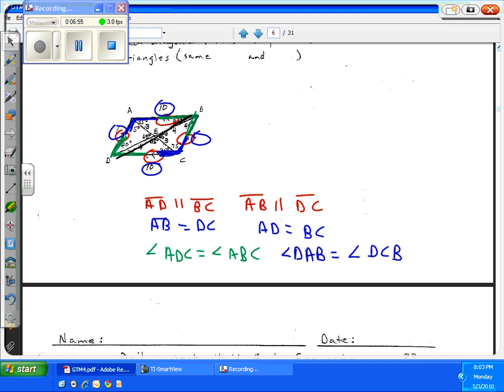The diagonals bisect each other. That means they cut each other in half. That means that the segment from here to here, AE, is equal to the segment from here to here, EC. That was an E in the middle. Let me clean that up a little bit so we can see. If the diagonals bisect each other, then this segment AE is equal to this segment EC.